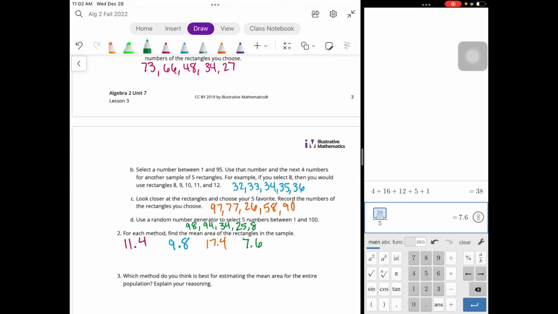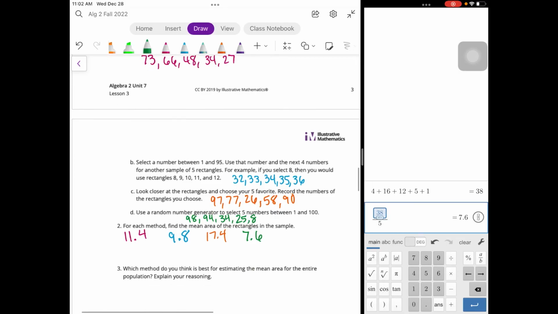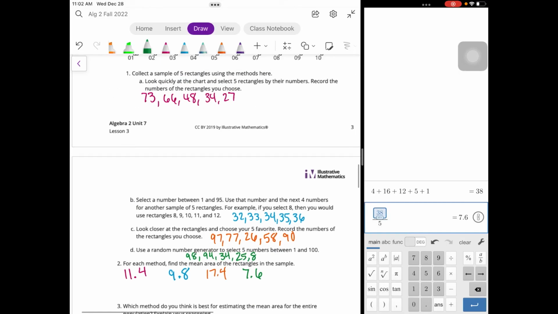So we got very different answers for all 4. Which method do you think is the best for estimating the mean area for the entire population? The random number generator is probably the best because the other ones are influenced by something, whether it's you just looking at it, and that's got bias there, picking your favorites, or trying to pick one number and then going consecutive.